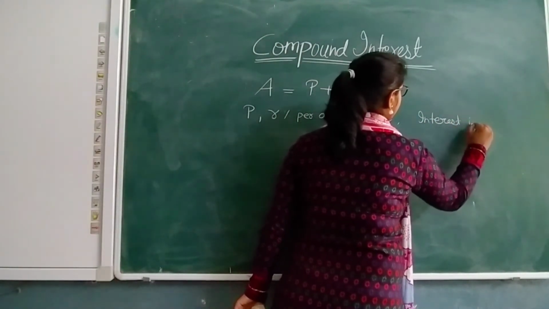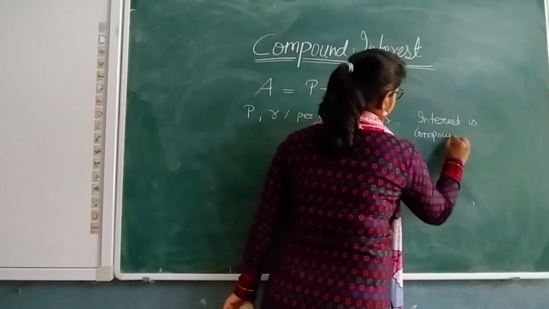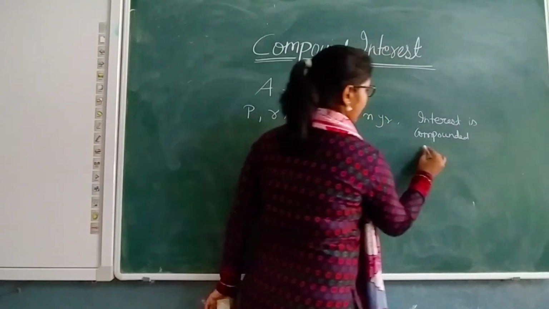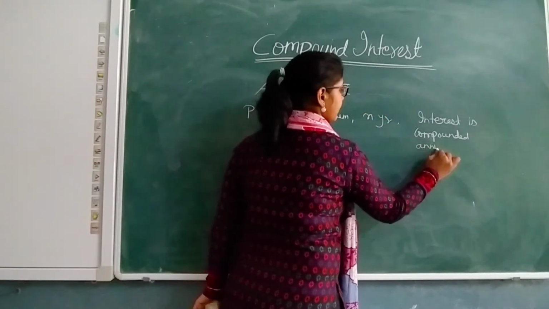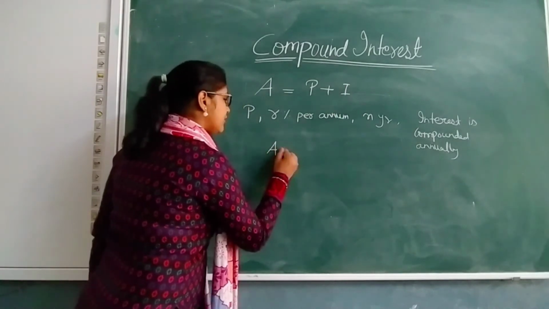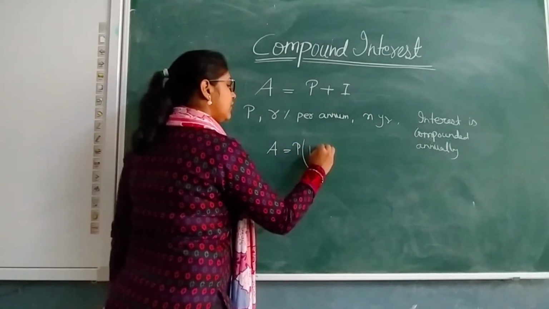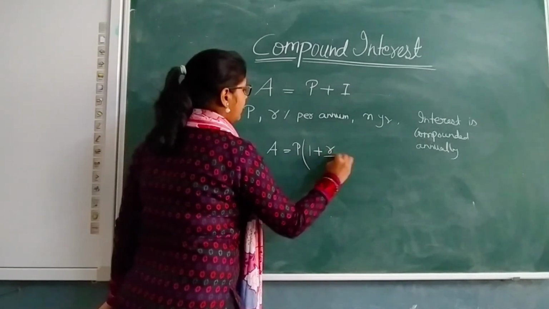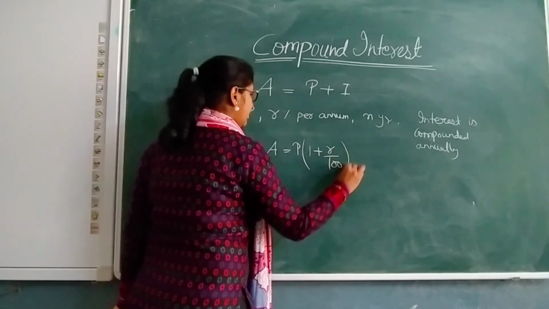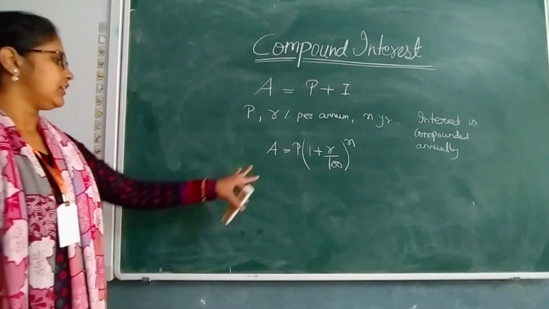Interest is compounded annually. Then A is equal to P into 1 plus R by 100, whole to the power n. So this is the formula of amount.